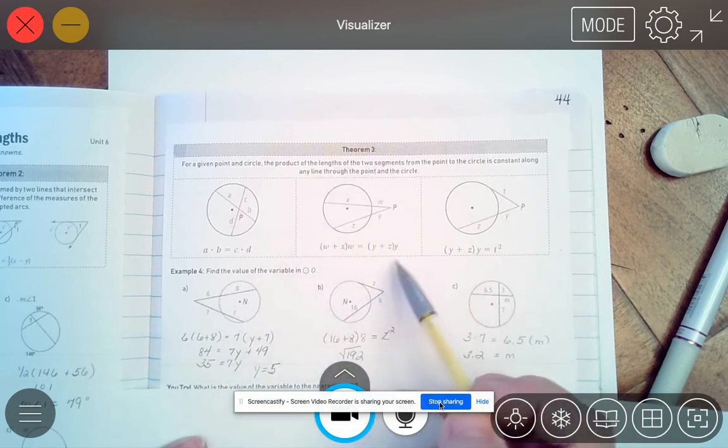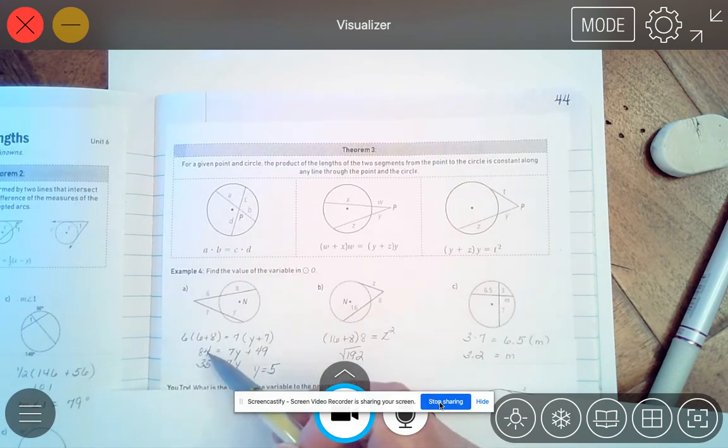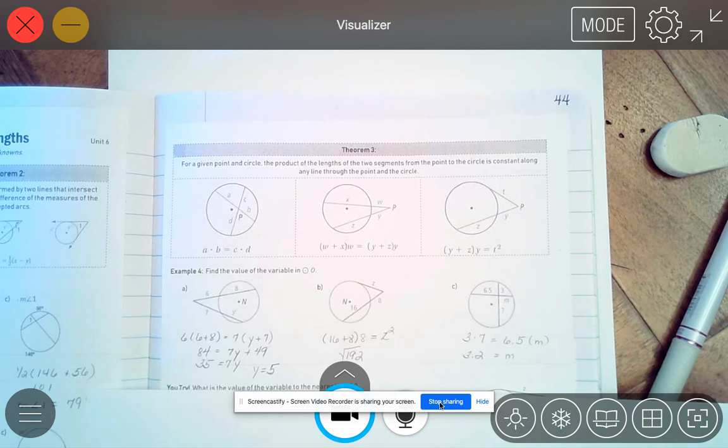I'm using this formula that's over here for the theorem. And this tells me that 84 equals 7y plus 49, because I distributed the 7 to the y and 7 to the 49. This is just now algebra. 35 is equal to 7 times y, and y is 5.